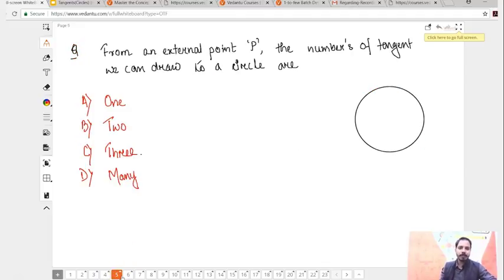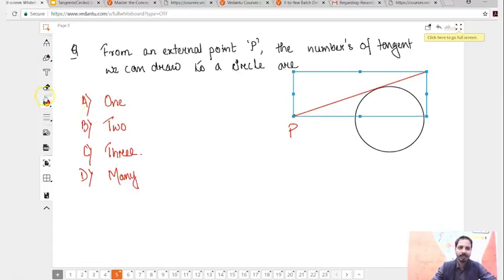The next question: suppose there is an external point P. How many tangents can we draw from this point to the circle? The options are 1, 2, 3, or D, many or infinite. Very quick answers, so you know this topic almost. First of all, we can draw one tangent here.